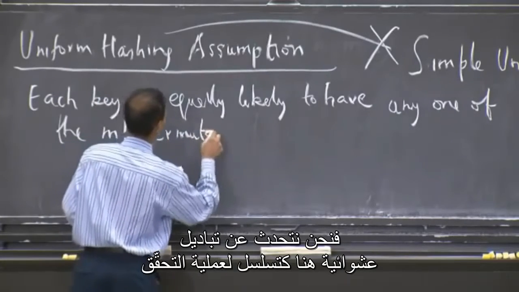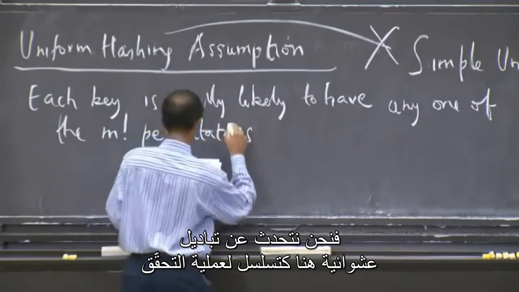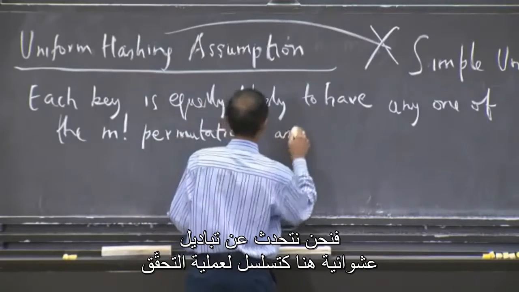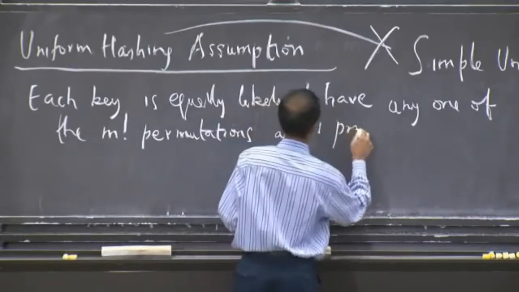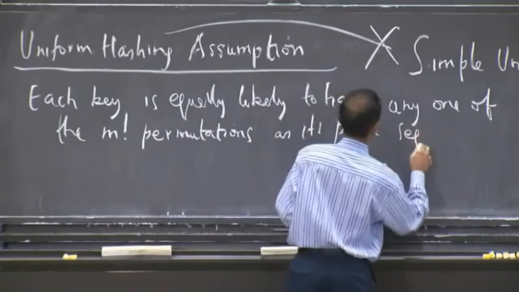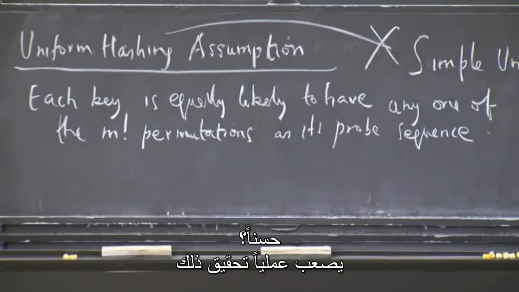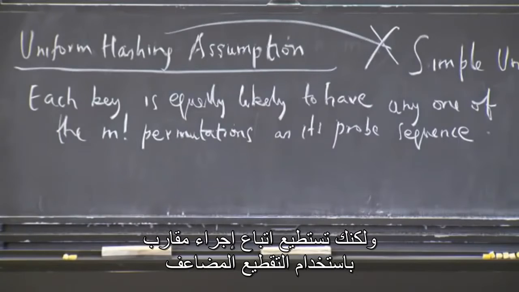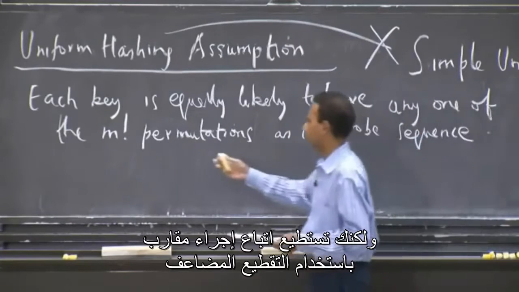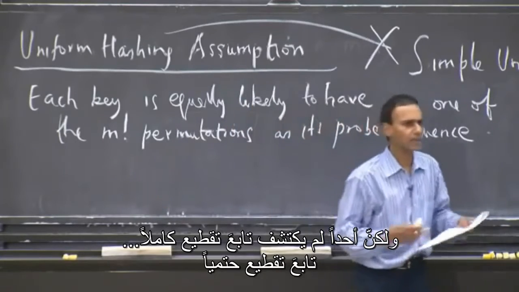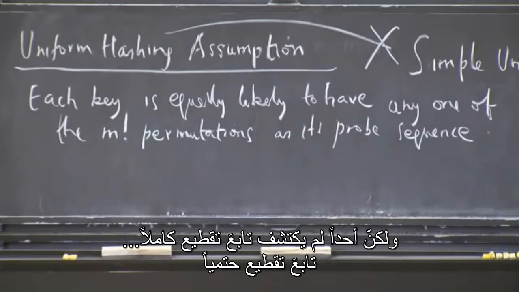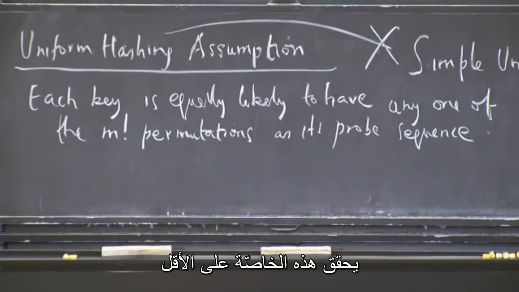So we're talking about random permutations here as its probe sequence. All right, this is very hard to get in practice. You can get pretty close using double hashing. All right, but nobody's discovered a perfect, deterministic hash function that satisfies this property, at least not that I know of.